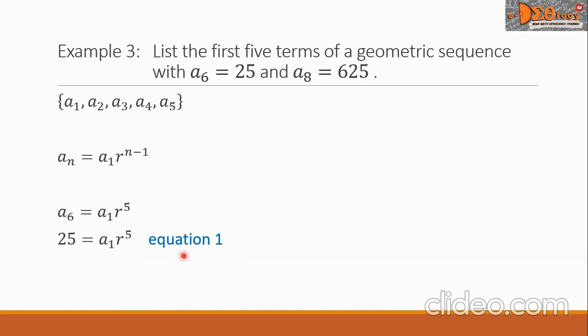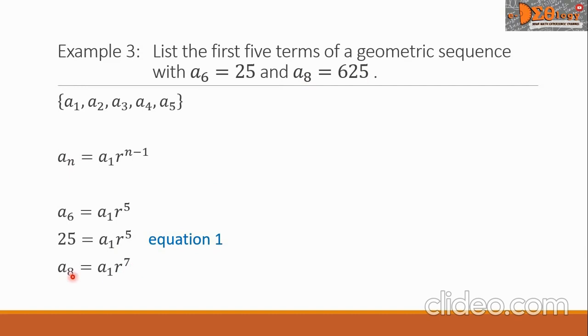The next, our a sub 8. Let us write a sub 8 with regard to our general term formula. So we have a sub 8 equals a sub 1 times r raised to 8 minus 1. And this 8 minus 1 is simply 7.